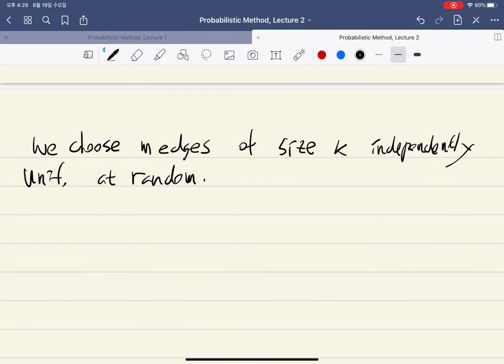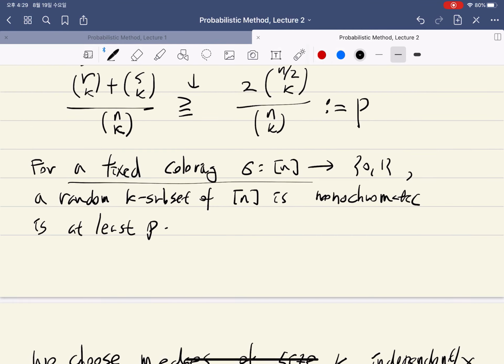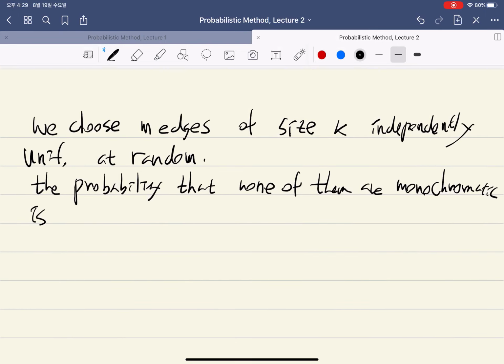Then what's the probability that none of them are monochromatic? For this fixed coloring, we choose m edges of size k uniformly at random. Then the probability that none of them are monochromatic is at most (1 minus p) to the m.